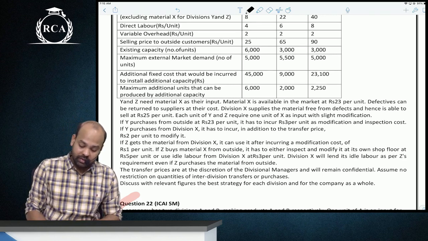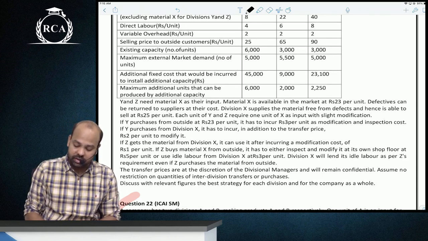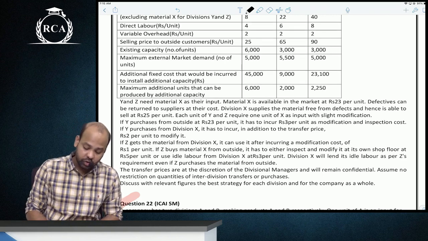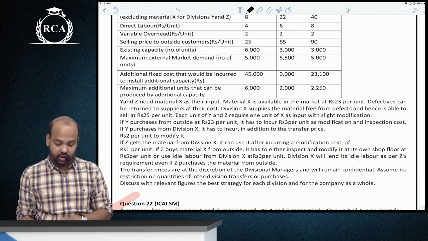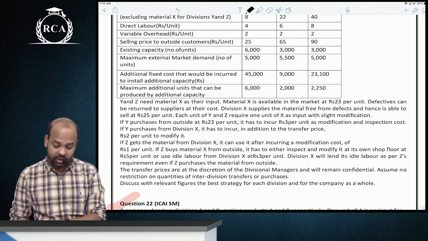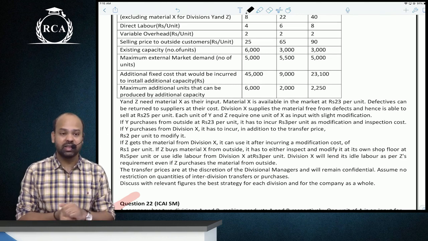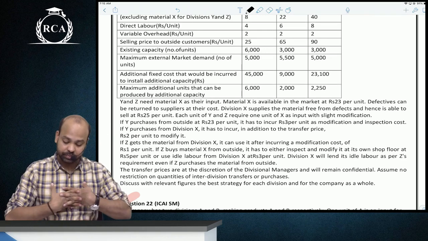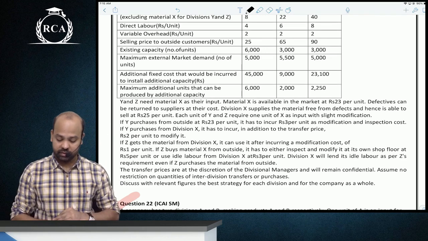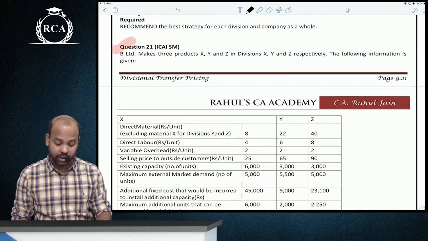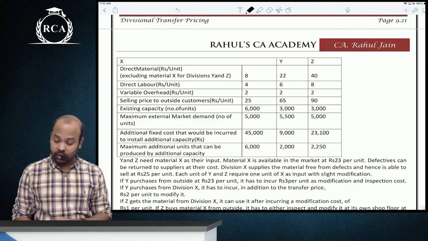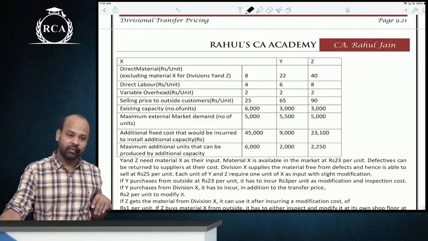The transfer prices are at the discretion of divisional managers and will remain confidential. Assume no restriction on quantities of interdivisional transfers or purchases. Discuss with relevant figures the best strategy for each division and the company as a whole. Very nice question, guys. We will target one point at a time. Read the question properly, guys. A lot of information has been given.